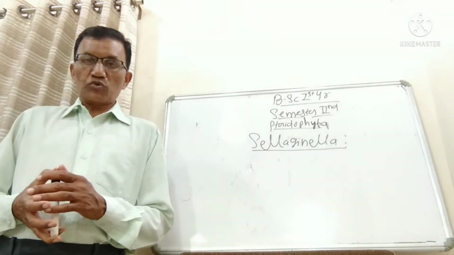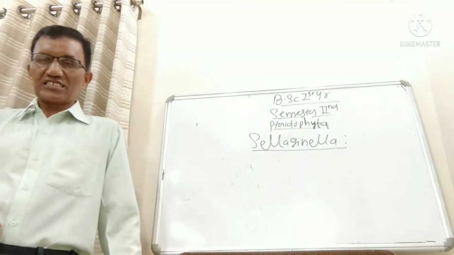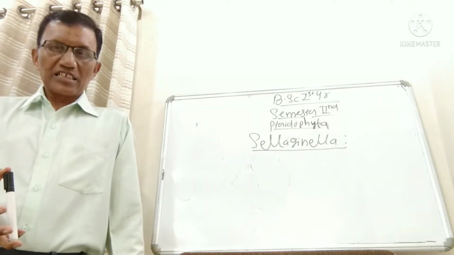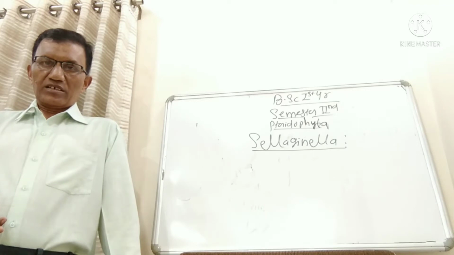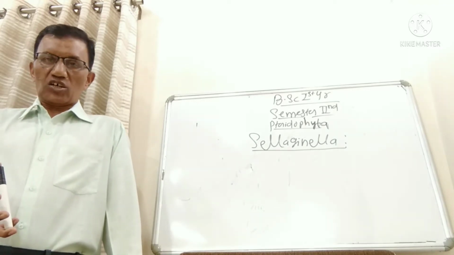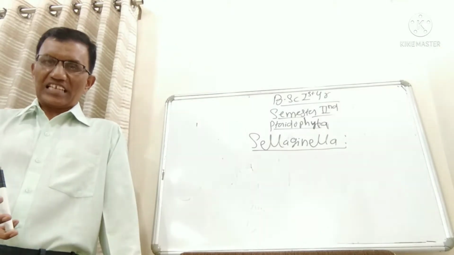Selaginella is one of the most important living genera of order Selaginellales, class Lycopsida. Class Lycopsida, order Selaginellales, family Selaginellaceae and genus Selaginella.